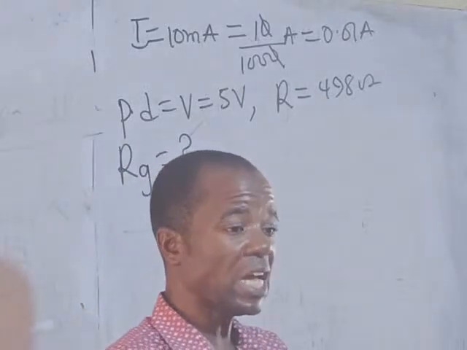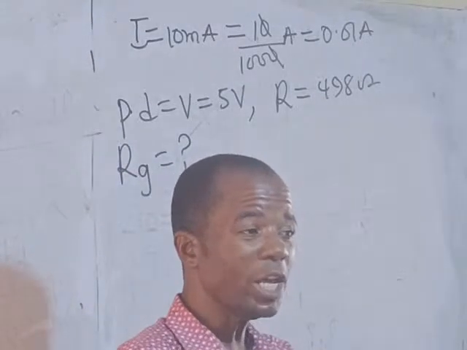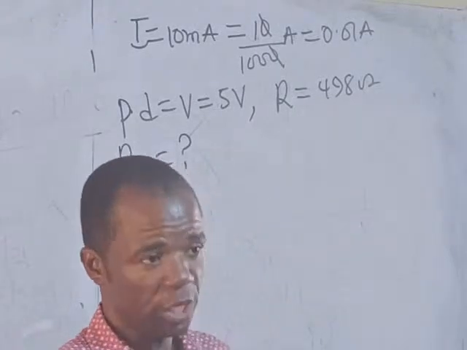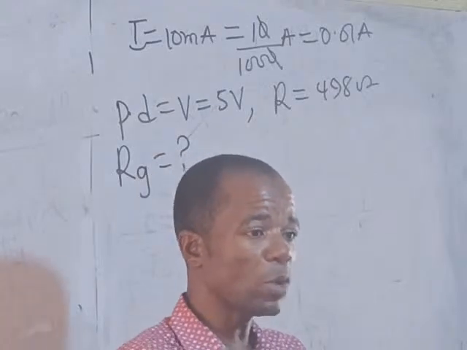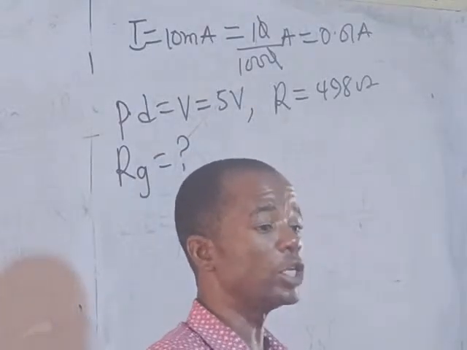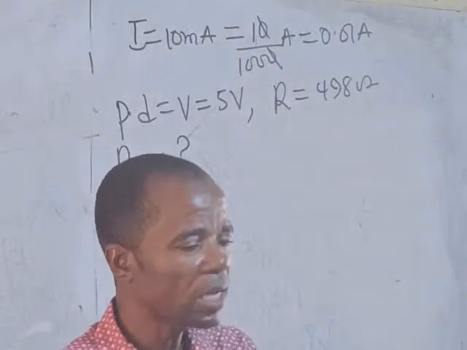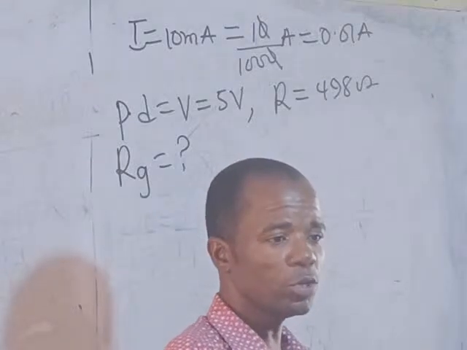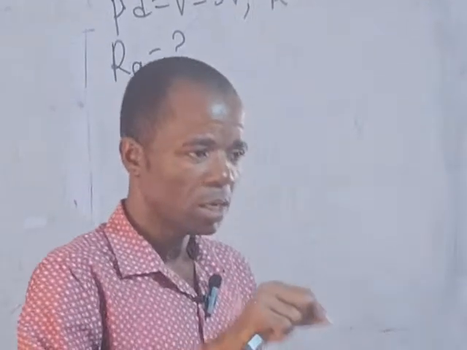If you want to convert a galvanometer to an ammeter, we are going to connect a low resistance called a shunt, S-H-U-N-T, in parallel with it. Let me say that again. A galvanometer can be converted to an ammeter by connecting a low resistance called a shunt in parallel with it. On the other hand, if you want to convert a galvanometer to a voltmeter, what do you do? You connect a high resistance in series with it.